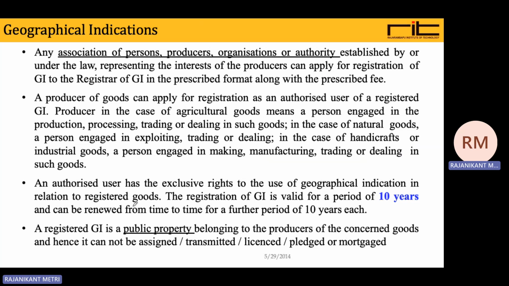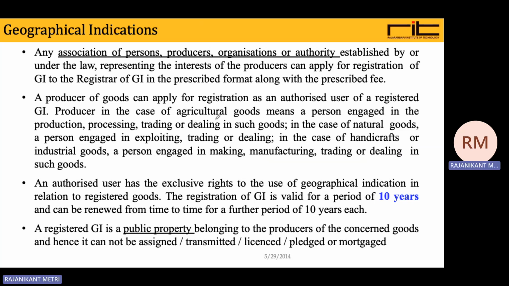A producer of goods can apply for registration as an authorized user of a registered GI. The person or the entity which produces those goods from that particular territory can register for the GI.